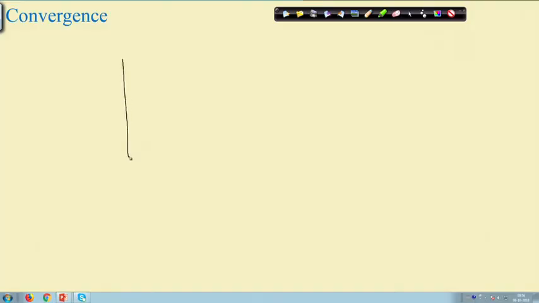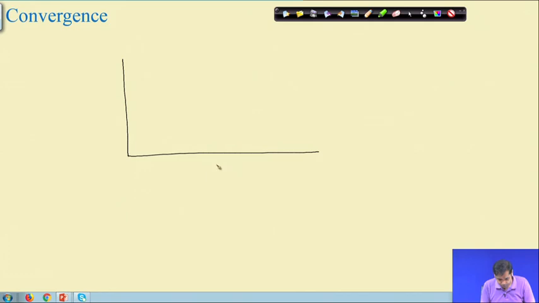Now, another important thing is convergence. Suppose, for instance, you have here the number of elements, and this is the error.